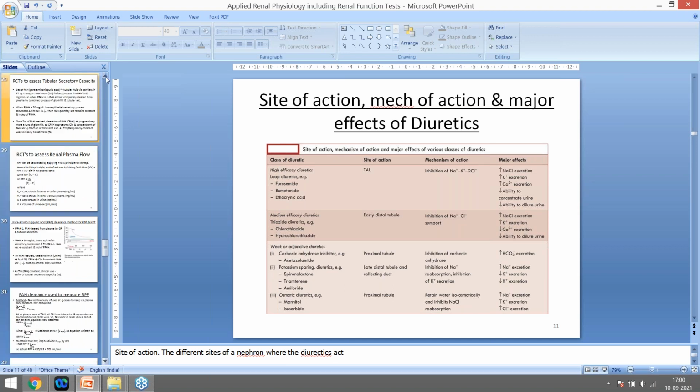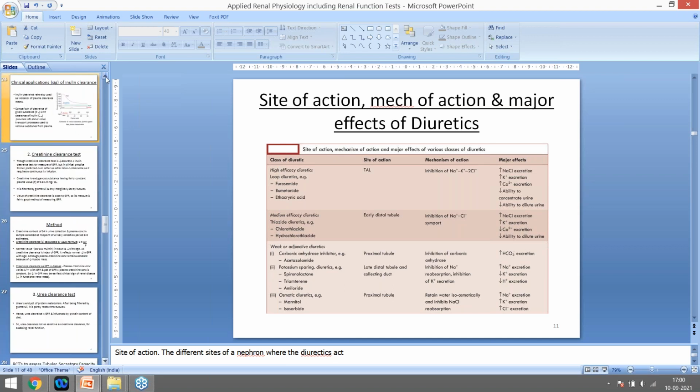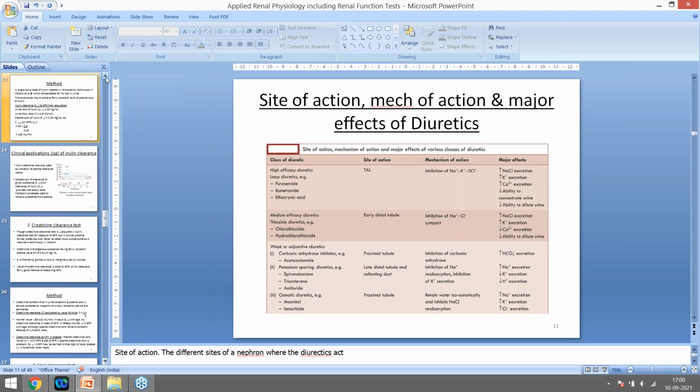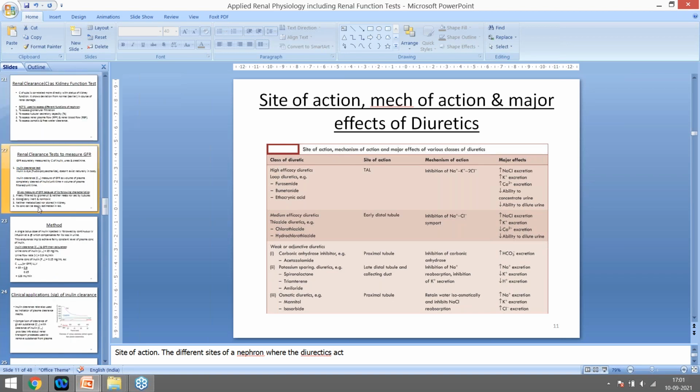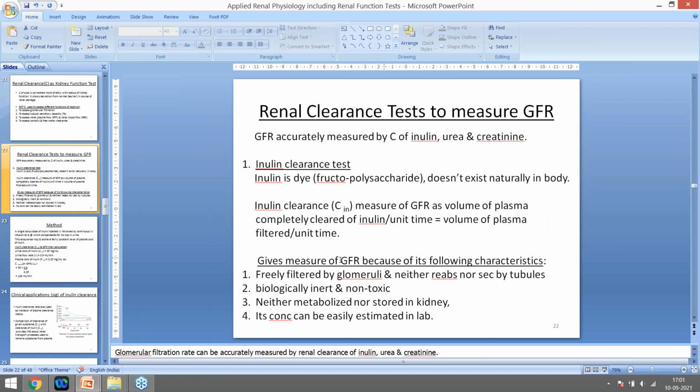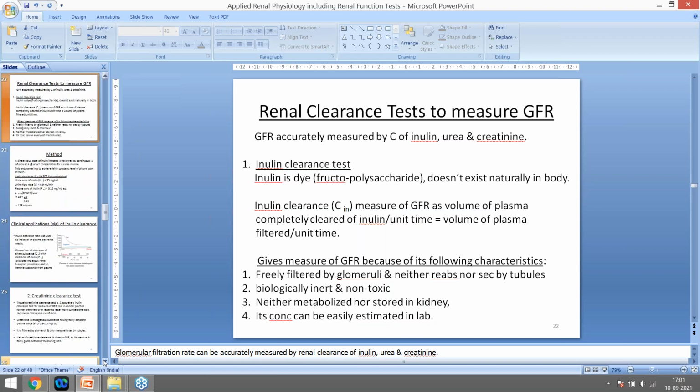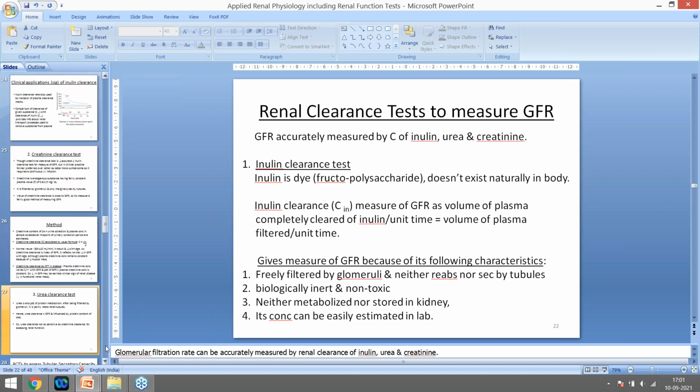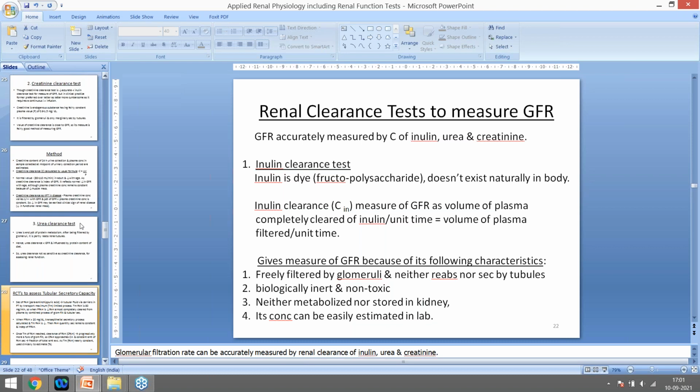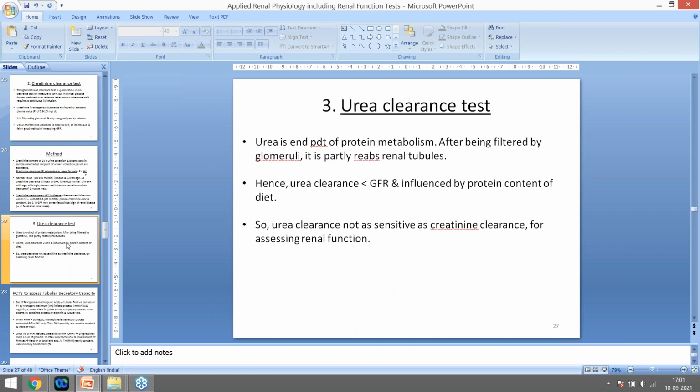Then it's good to know what makes inulin useful for giving a measure of GFR, the qualities. Why would you not prefer the urea clearance test?